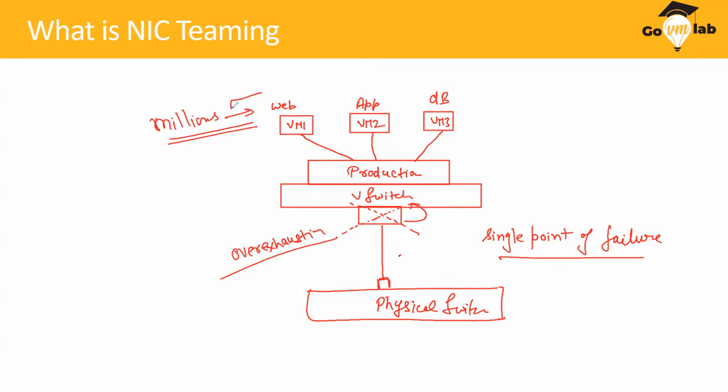Millions of requests coming to this web server, and the traffic is going to this uplink, and let's say this uplink has 10 gig bandwidth. Then what is happening? Because of the flow of traffic, this NIC bandwidth is getting oversaturated. It's getting saturated, exhausted, right? Your NIC bandwidth, because you just have one guy who is handling all of your traffic.